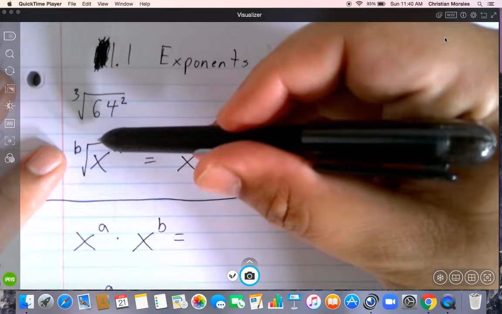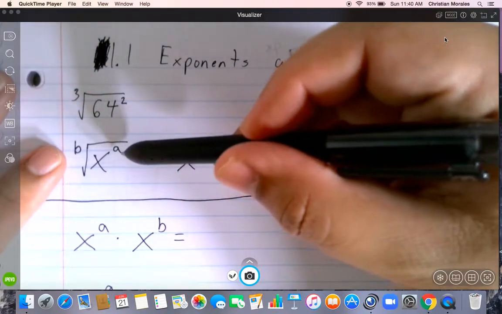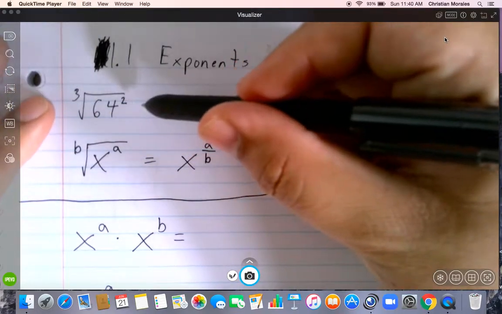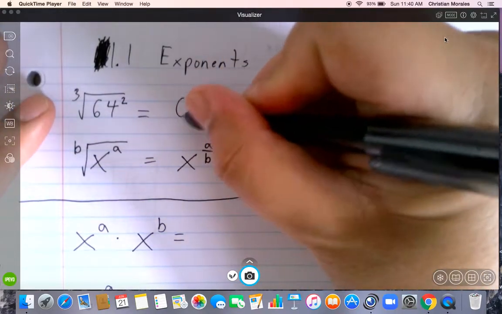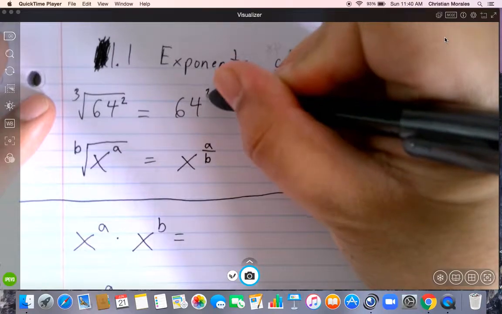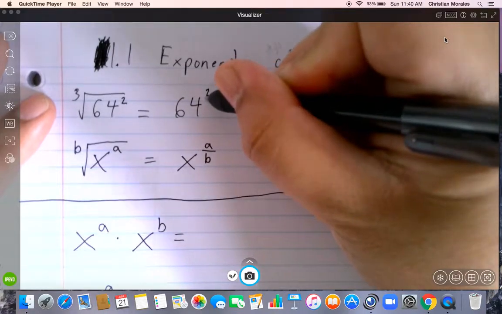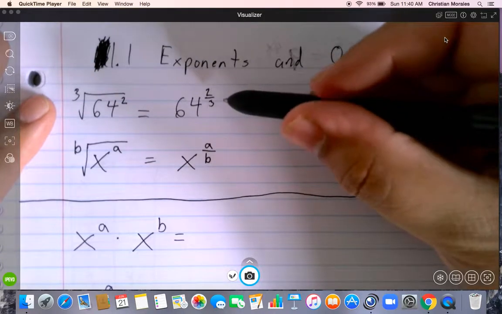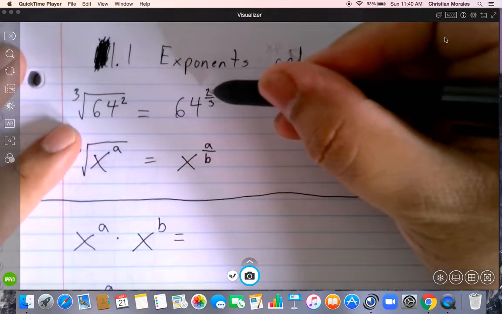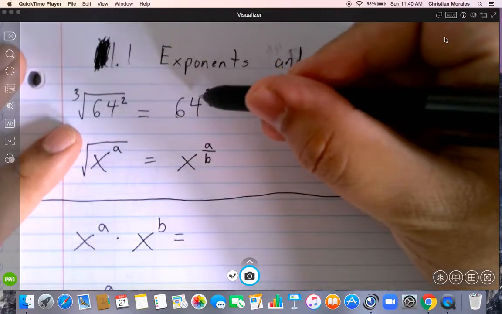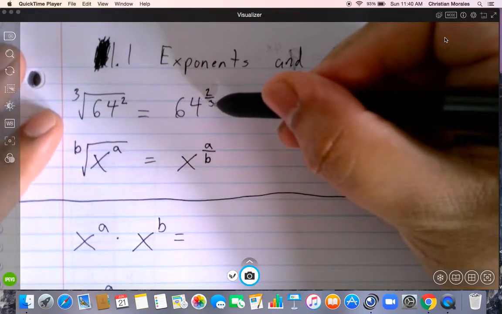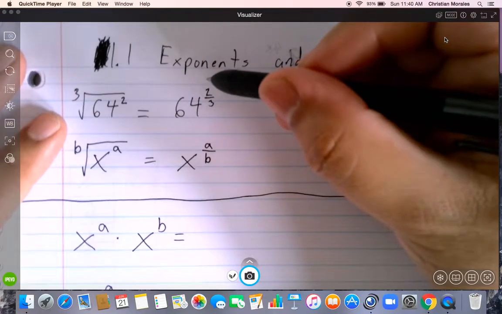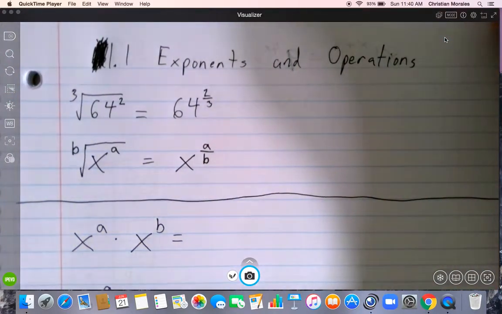And that number can be put underneath the exponent. So for example, here, we can do 64 to the second power over 3. So 2/3 is the exponent. And the top number, the numerator of the exponent, is a regular exponent, but the denominator is the root, okay? So that's kind of the pattern we're going with.